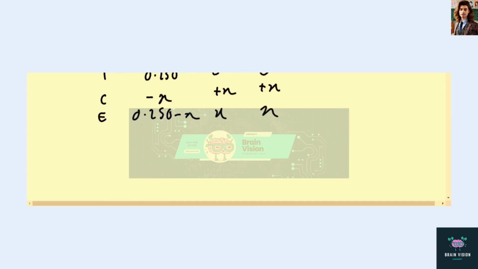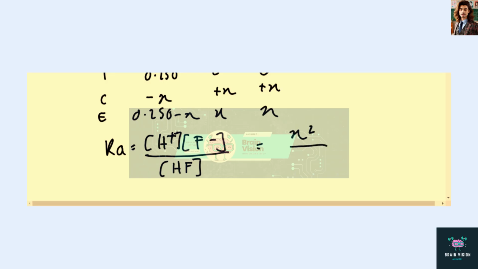And then we can easily write the Ka formula. And obviously we can substitute Ka, 6.8 times 10 to the power minus 4, and make it equal to that.